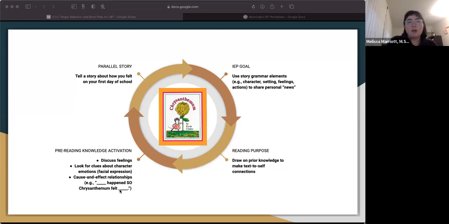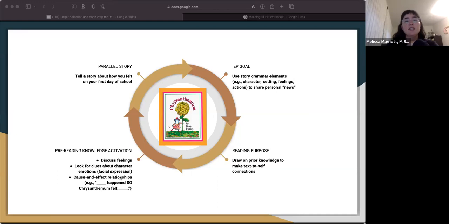So this might be 3 separate sessions with 3 different groups of kids, or if it's something like Michelle's class, the tackle program, where we have a real range of skills and a real range of needs, this might all be happening simultaneously for different students within the same lesson.